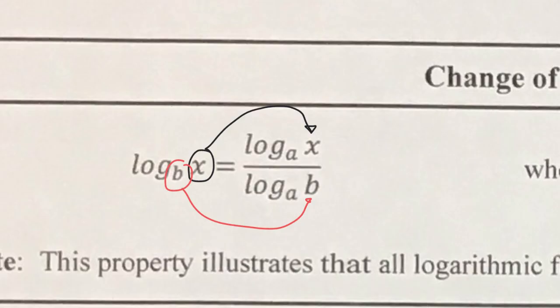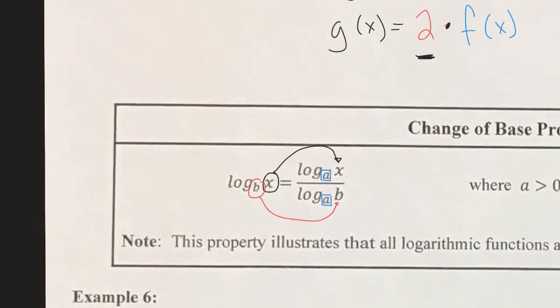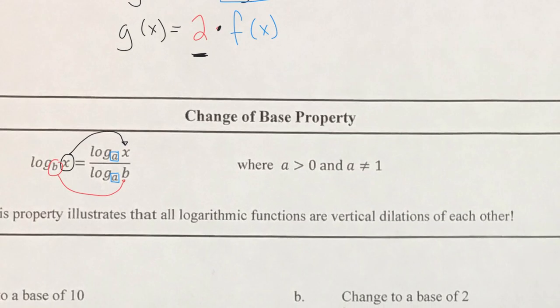And the, I won't say cool part, but you can take whatever base you want of the top and the bottom. As long as you take the same base, it is an equivalent expression. This property illustrates that all logarithmic functions are vertical dilations of each other.